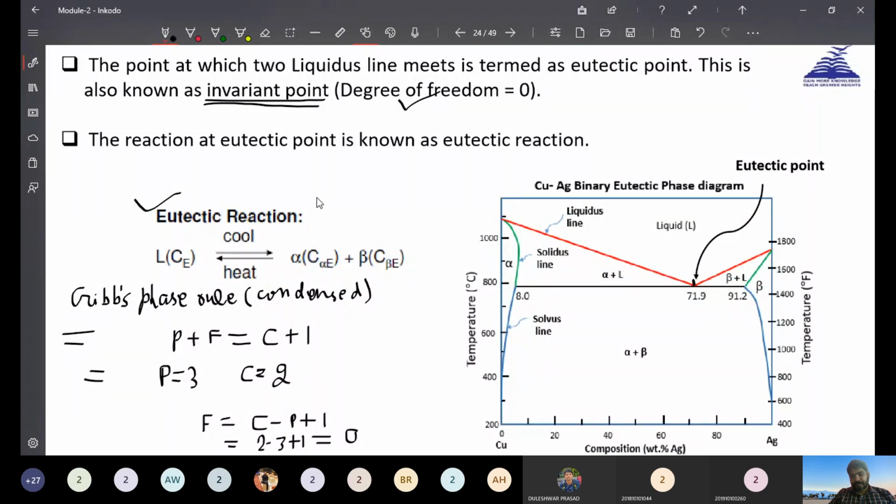Yes, Duleshwar, yes, sir. Prasad. Bhuvan is there. Bhuvan? I don't know, sir. Okay, no problem. So Duleshwar, is it clear? The things are clear? Yes, sir. All clear, sir. Okay, so let me move forward.